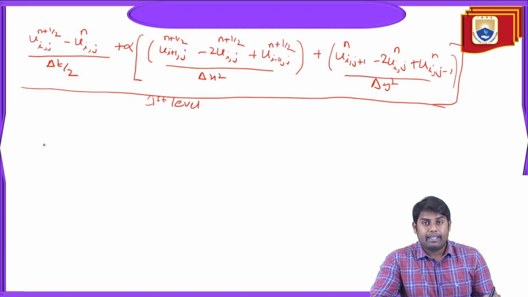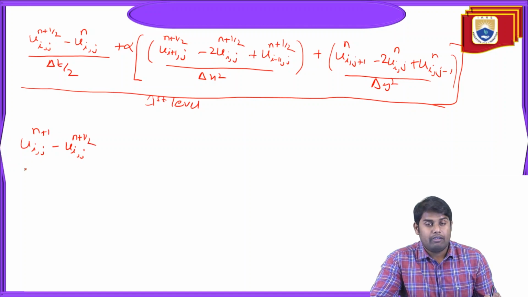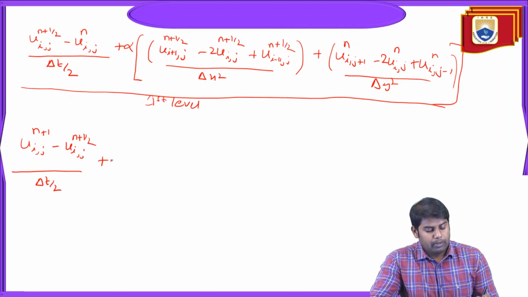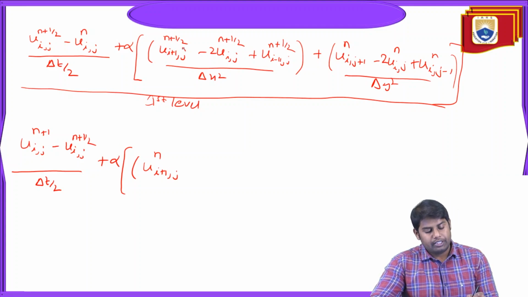So let us write the second level. u of i, j to the power of n plus 1 minus u of i, j to the power of n plus half, divided by delta t by 2, plus alpha into u of i plus 1, j to the power of n, which is the known value.